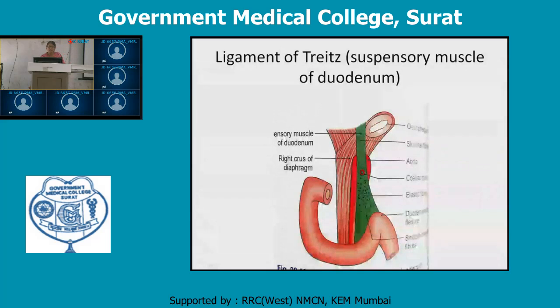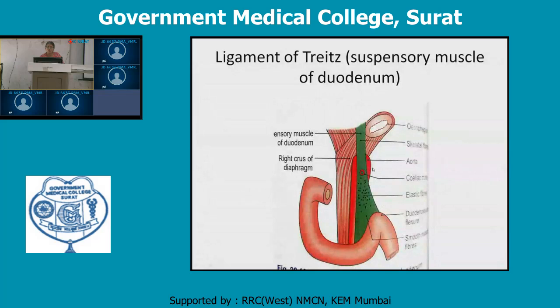You can see it starts from the right crus of the diaphragm near the esophageal opening in the diaphragm, and then it runs downward behind the pancreas and gets attached to the duodenojejunal flexure, the fourth part of the duodenum, and also the adjacent third part of the duodenum. This suspensory muscle keeps the duodenojejunal flexure as an angulated structure.